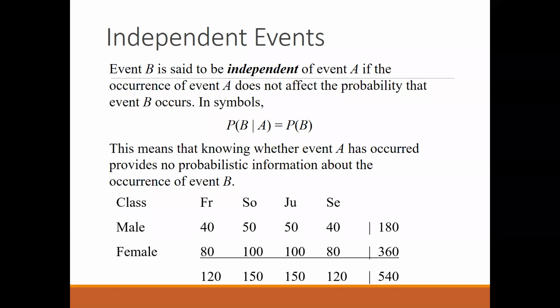What will be the answer? 0.33. Okay. How did you do it? For male and JU, it's 50, and for JU, total is 150. So 50 by 150. What is 150 here? Total class strength. Now, whether the total class strength matters.